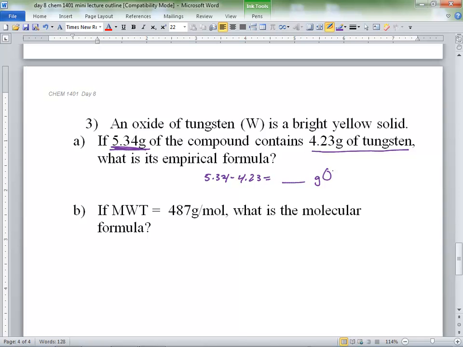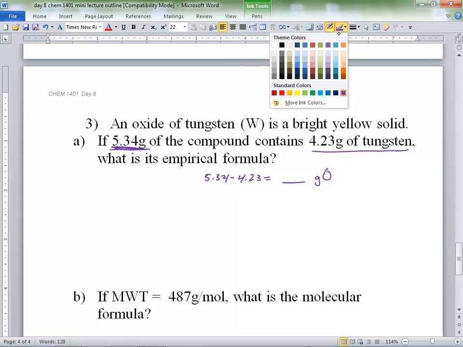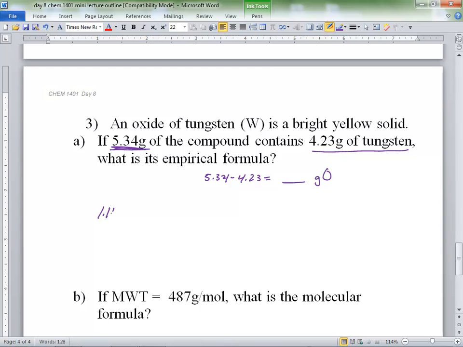Skip this whole percent thing. Or you can calculate percents and go from there. Right? But I say you just start from here. You have 1.11 grams of oxygen, convert that to moles. Do the same thing with the tungsten. Convert the 4.23 grams of tungsten into moles. It's number 74.